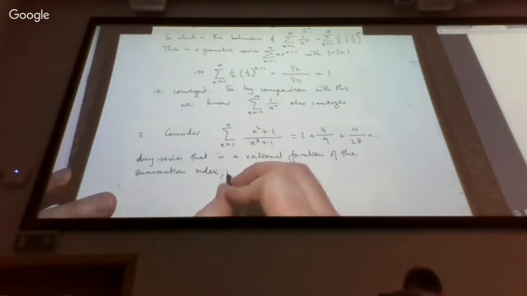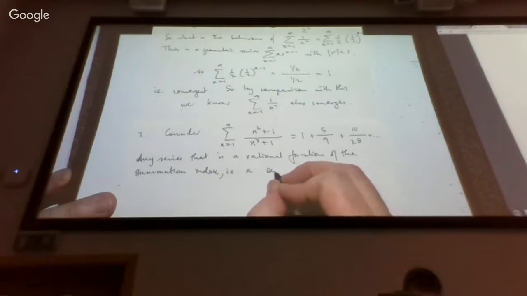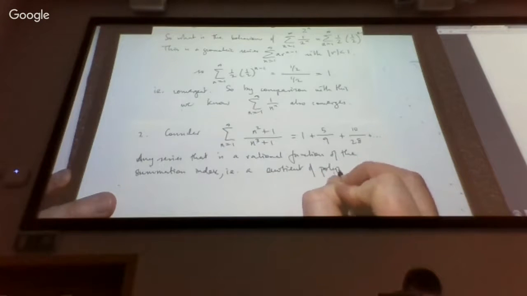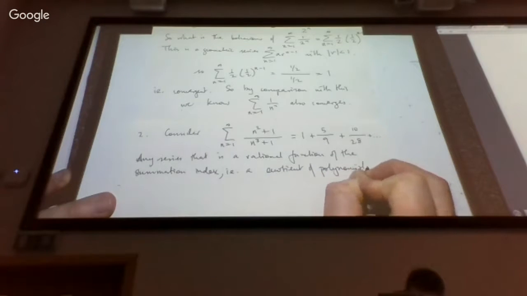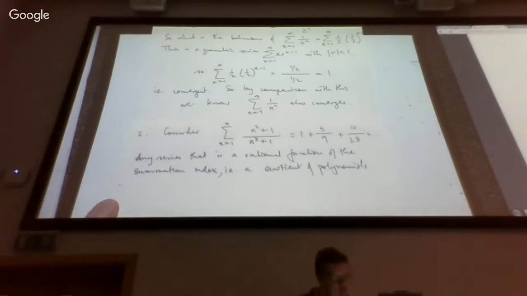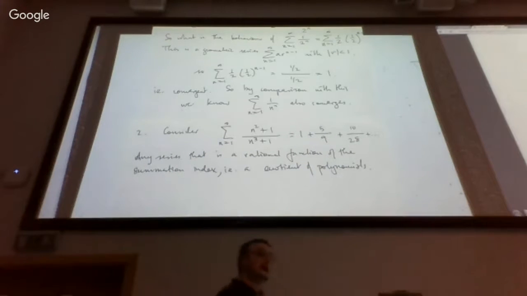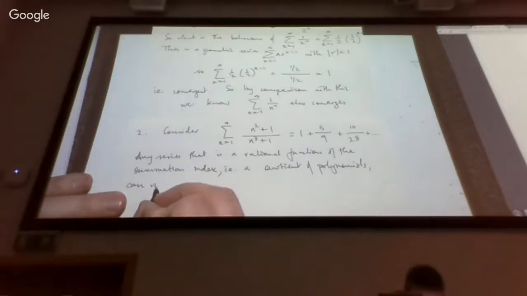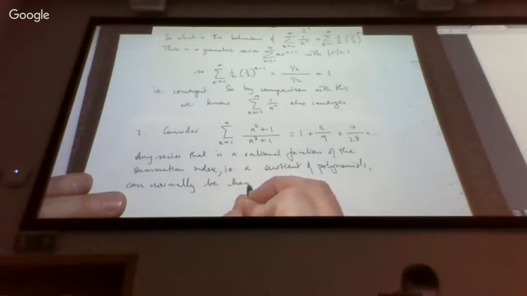And a rational function is a quotient of polynomials. Remember from our work in chapter 3. Any series like this can normally be tackled using the limit comparison test. It can normally be handled using the limit comparison test.